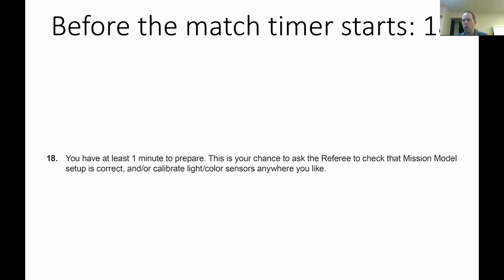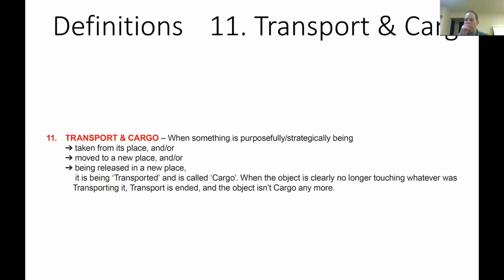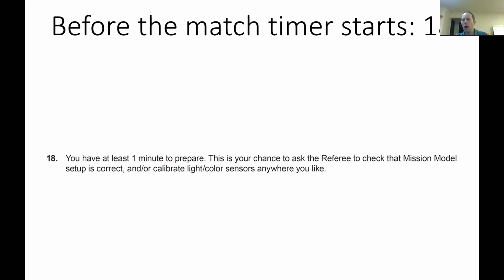And one other thing on that definition, note that flinging something or rolling it or sending it away from your robot, it ceases to be transported cargo at that point when it's no longer in contact with the robot or equipment, but I see nothing that rules out flinging. Or rolling.